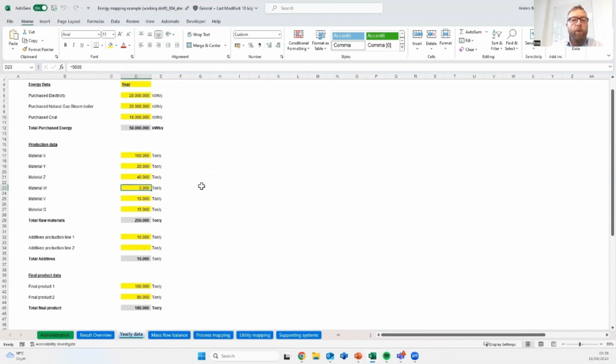And then, of course, it's important to be aware of the units. This is kilowatt hours per year. So we are looking at it on a yearly basis. And it's kilowatt hours, or the mass is in ton. So being very strict about using the same units throughout the mapping, otherwise you can get into some different conflicts.